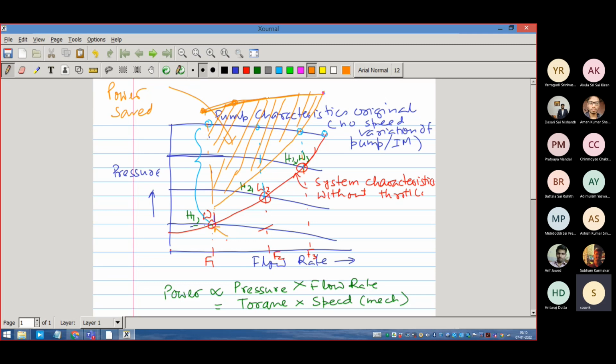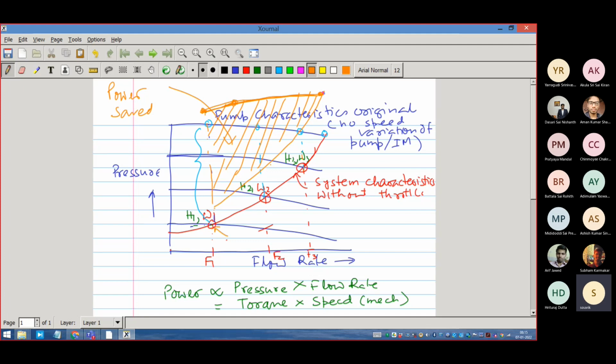So when you have a flow rate of this, maybe the power saving is here. But in general, as the speed increases and the flow rate increases, there will be less power saving. The power saving has more prominence in the low speed zone.